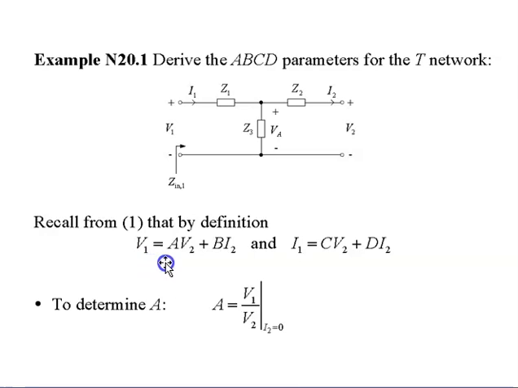So V1 will be equal to AV2 plus BI2. And I1 would be CV2 plus DI2. So to determine A, A would be V1 over V2 when your I2 is equal to 0, meaning that your I2 is open circuit.